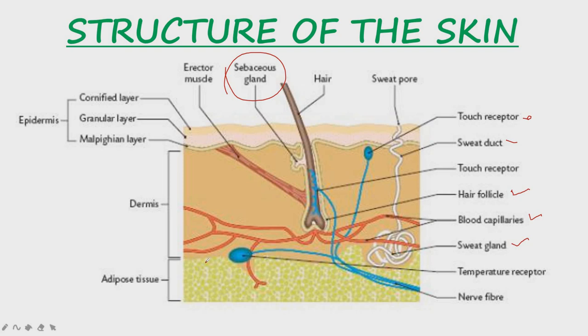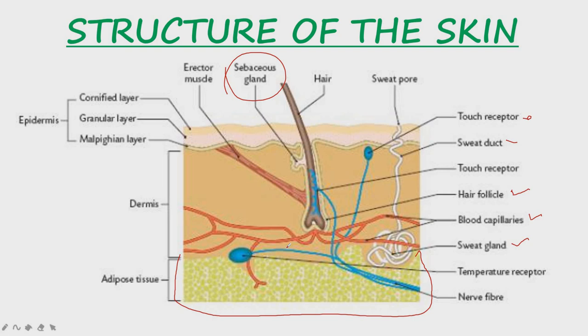And the last but not the least is the one we call the adipose tissue, or subcutaneous fatty layer. It is the layer below the dermis. It's a layer of connective tissue that contains variable numbers of fat cells.